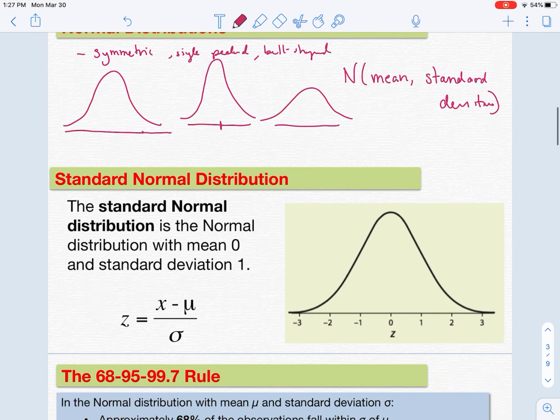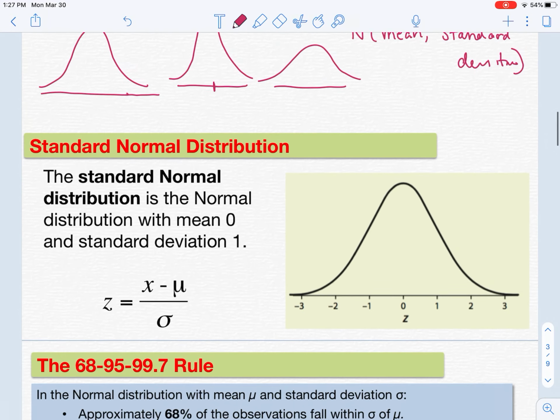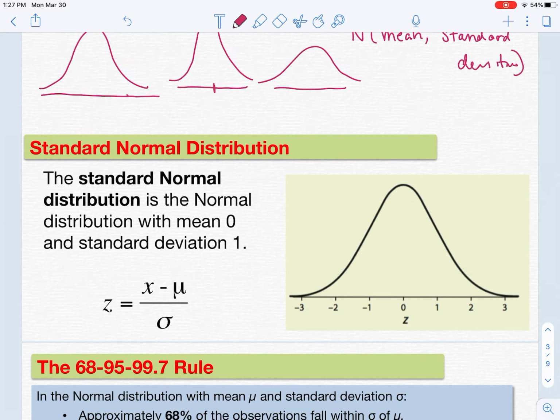Okay, here's a normal curve, something that's normally distributed. This is the standard normal curve. So this is when it has a mean of 0, and then it goes up 1, 2, and 3 standard deviations above the mean, 1, 2, and 3 standard deviations below the mean.